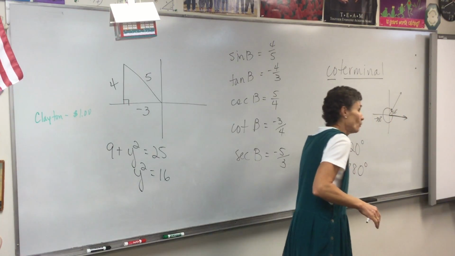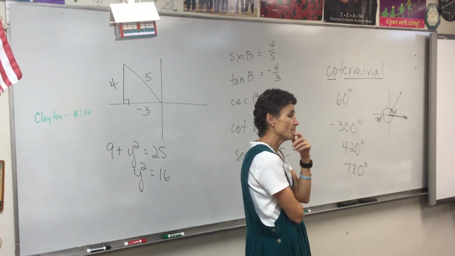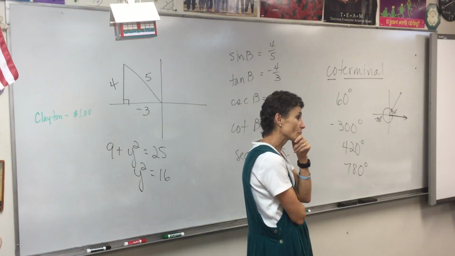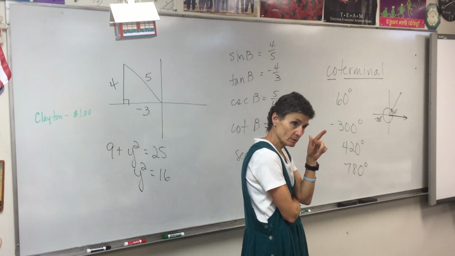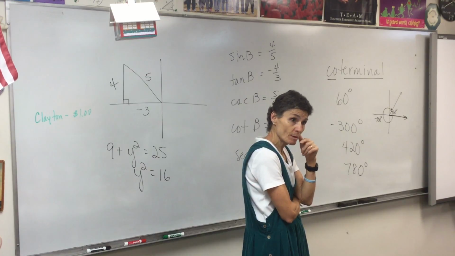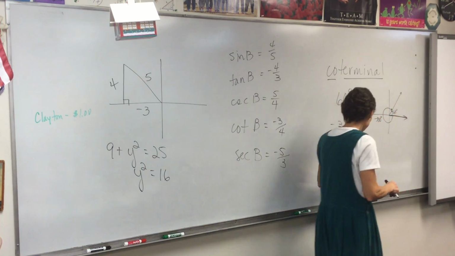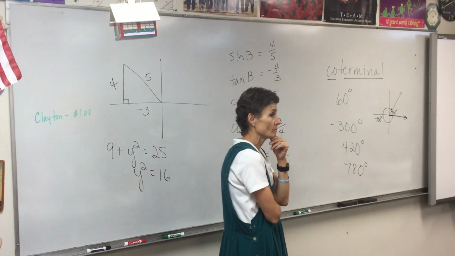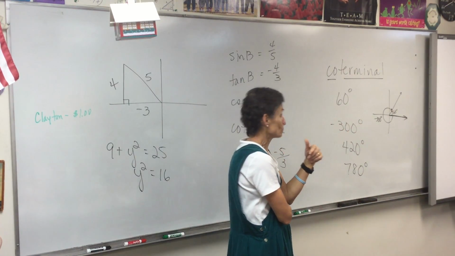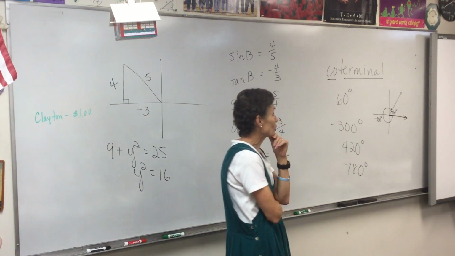Now, is that true of 420? What does 420 look like when you graph it or draw it? It goes all the way around, and then 60 more. So doesn't it end up in the same spot? What about 780? Goes around twice, and then ends up in the same spot.